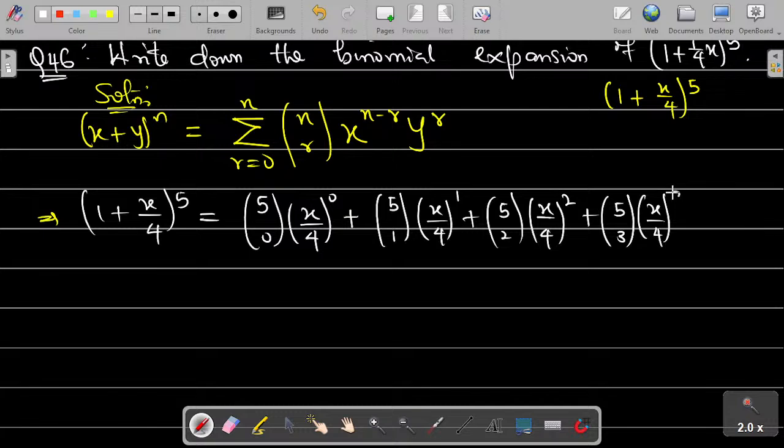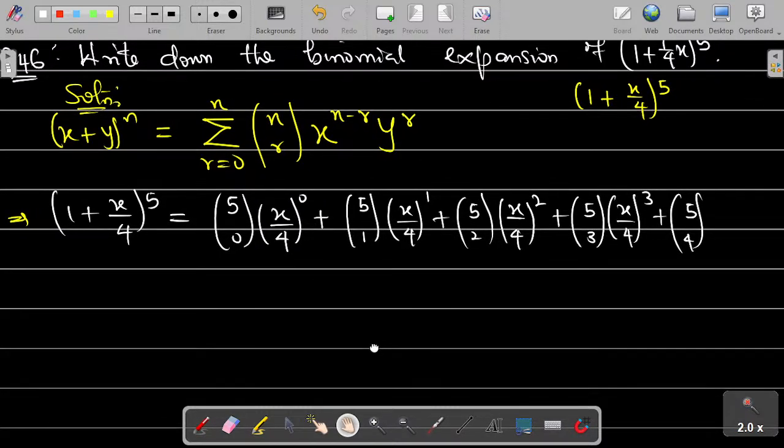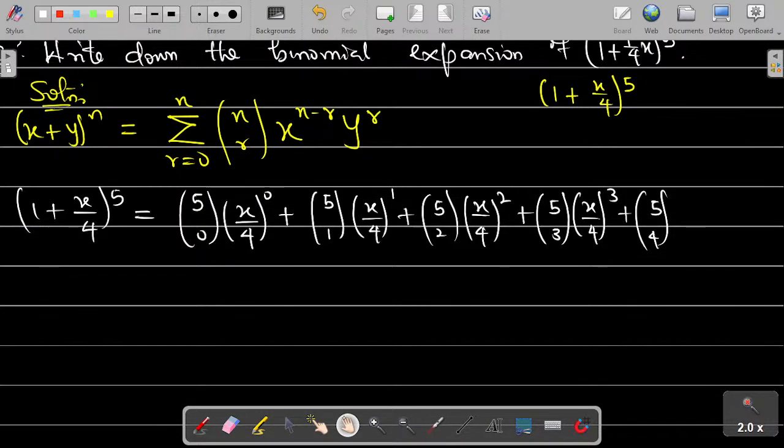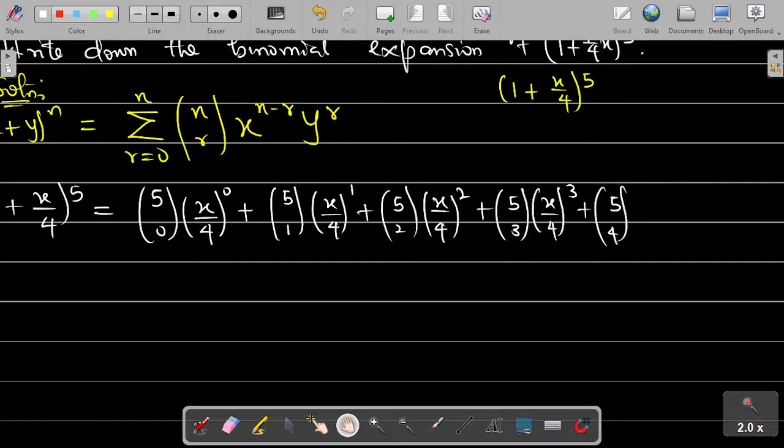Then 5 combination 4, 1 to the power of 1, and x over 4 to the power of 4. And finally 5 combination 5, then x over 4 to the power of 5, because 1 will be to the power of 0.